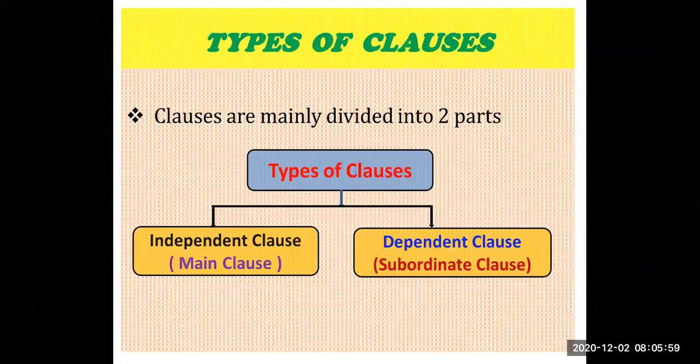Now see, clauses are mainly divided into two parts. Which are the two types of clauses? First one is independent clause and second one is dependent clause. Independent clause is also known as main clause and dependent clause is also known as subordinate clause.